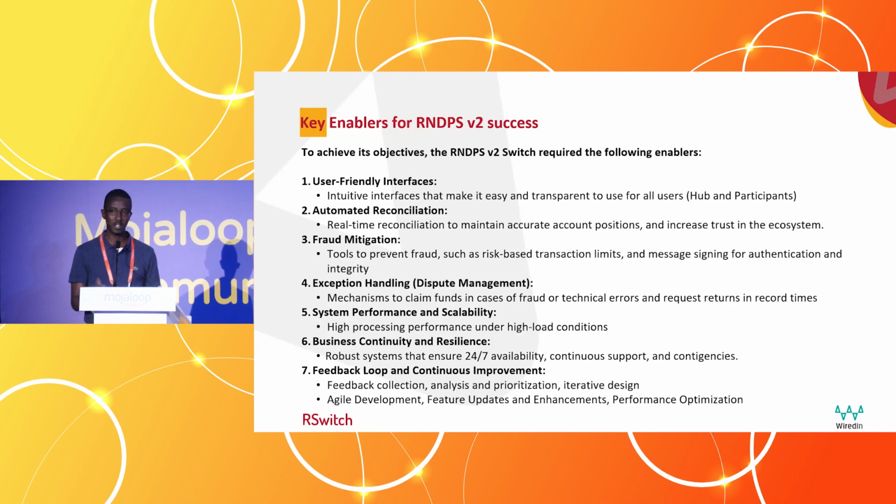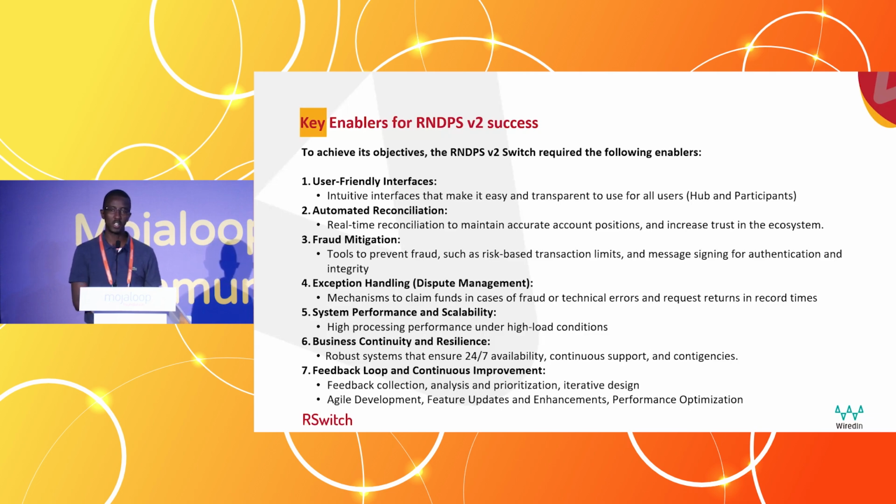So without further ado, this is just to set the context of some of the things that we were asked to do by our switch. Today we're going to talk about how the switch needed to be deployed, new components needed to be deployed, and some changes here and there needed to be done.